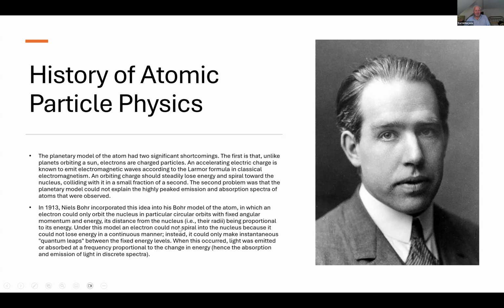It was simply in a fixed orbit. And the leaps between these orbits defined the fixed energy levels that you saw when you had light emitted or light absorbed. An electron hopped from one energy level to another. And so it goes. So this was truly radical.